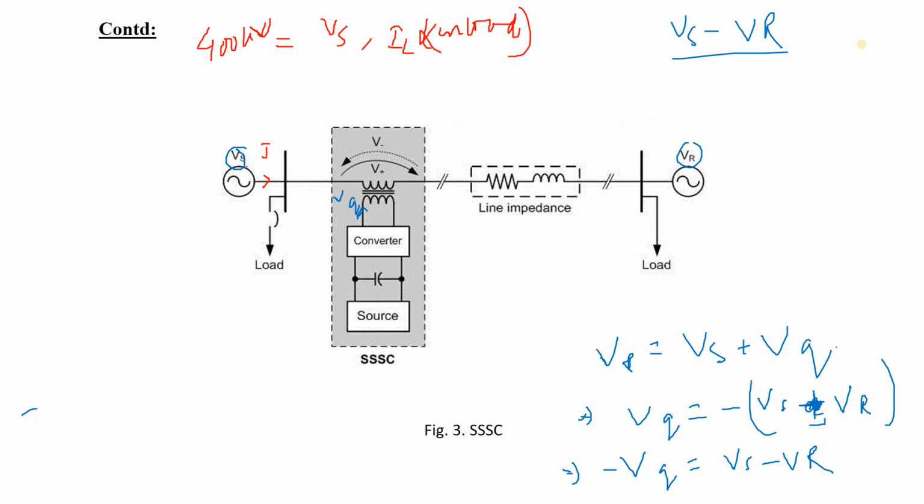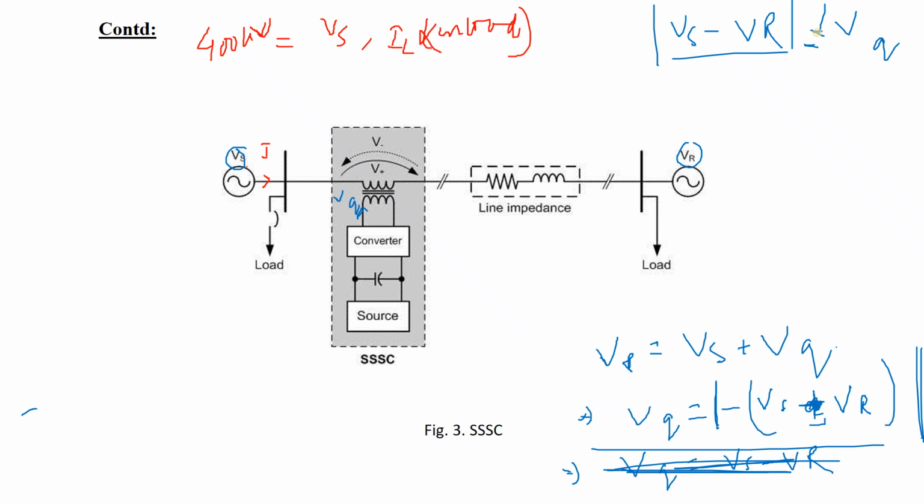That means if you perform this, you are supposed to get VQ, irrespective of the sign. If I take the mod value, then this will be equal to VQ.